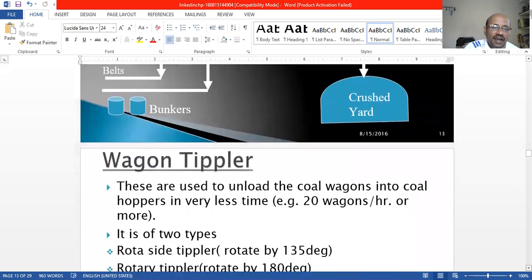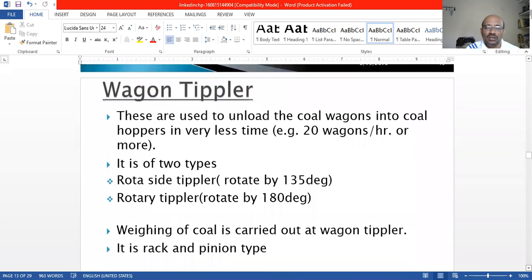Next, the wagon tippler. Wagon tipplers are used to unload coal wagons into the hoppers in very little time. Twenty wagons can be unloaded in one hour or more. Immediately, whatever it may be, the entire coal in the wagons is dumped with the help of coal hoppers.